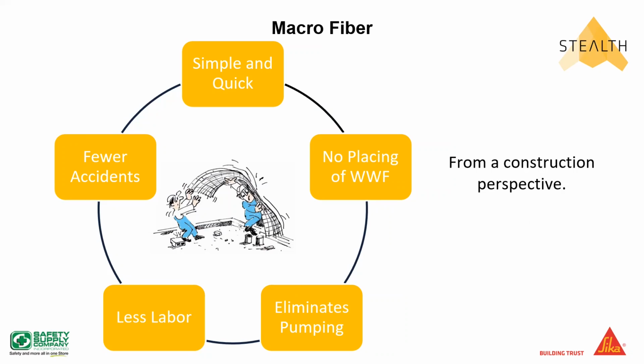You guys might do it yourself and probably would do more of that than over here in the States. We typically have the ready mix producers put it in, but either way, it eliminates the handling and even chairing or standing on the welded wire fabric and pulling it up during the concrete placement. It eliminates that. It eliminates pumping.